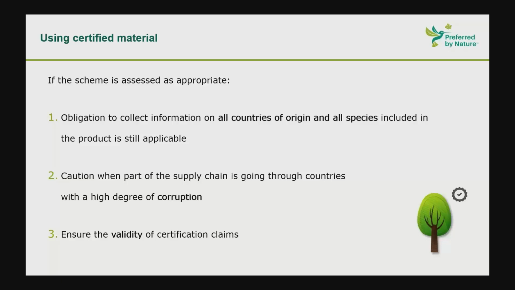So even the best certification system might not be able to address systemic problems of corruption and governance issues. So you need to also keep this factor in mind just to determine whether you want to increase your level of verification. And finally, you also need to make sure that the material you are buying is actually certified. So is the certification claim valid?